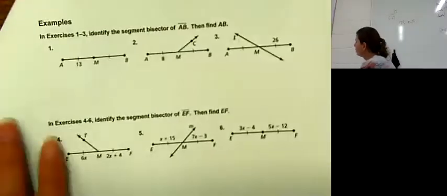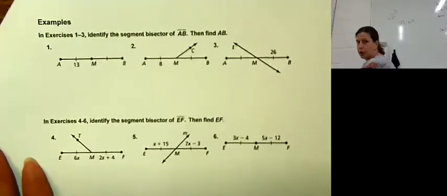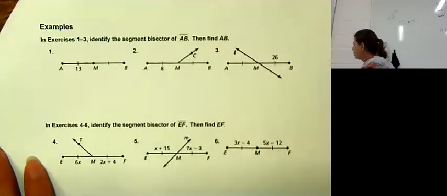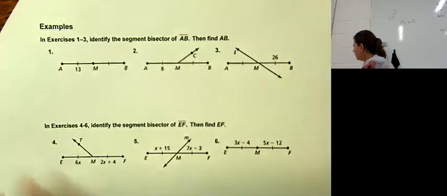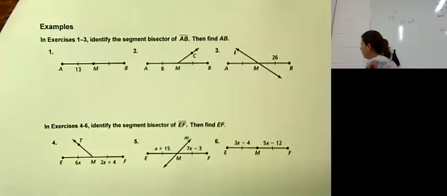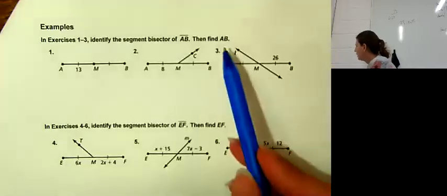So some examples. Sometimes we're just going to ask you to identify things. So on examples 1, 2, and 3, we want you to identify the segment bisector and then find the length of AB.